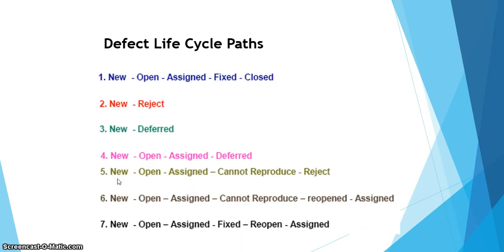Right. Now you can see the life cycle paths here for the defect, which is new, open, assigned, fixed and closed. This is a standard path.